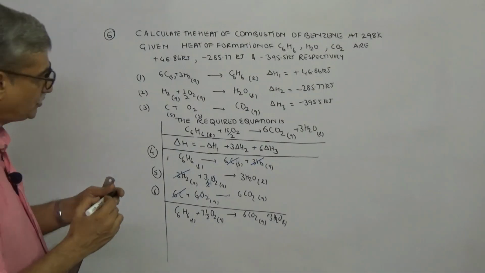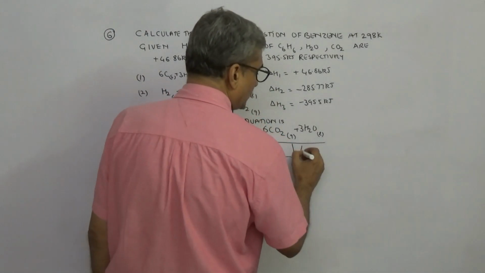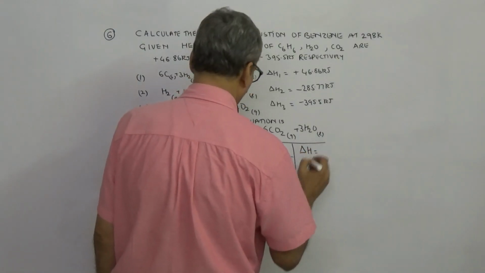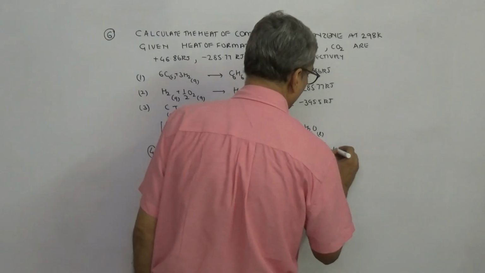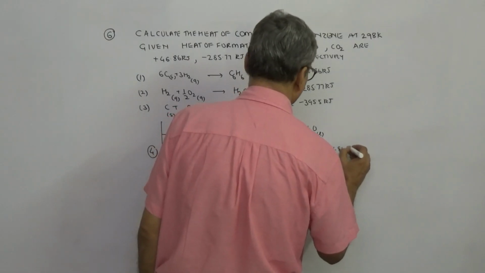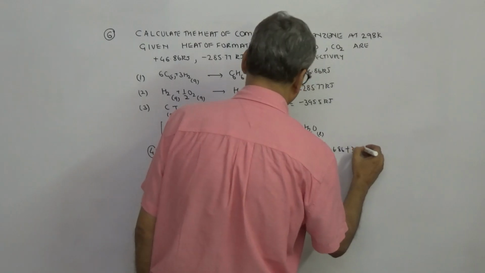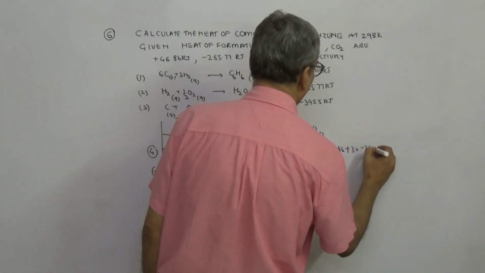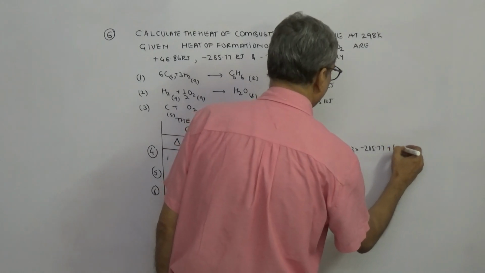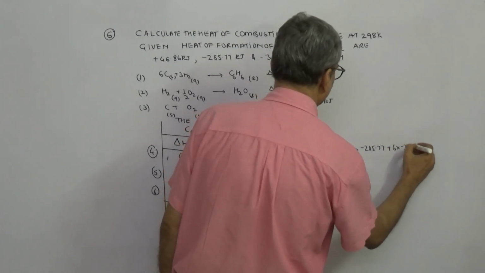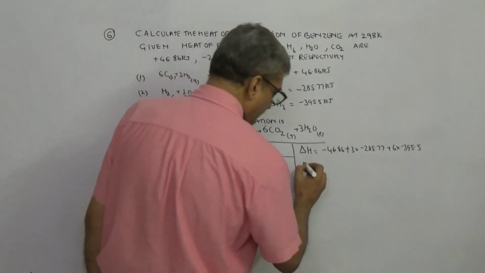So let us do the same changeover with your delta H values. Therefore your delta H will be equal to, so this plus 46.86 becomes minus 46.86 plus 3 into minus 285.77 plus 6 into minus 395.5. In fact, this calculation is going to be easy.